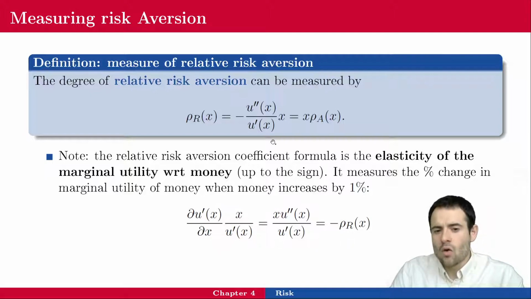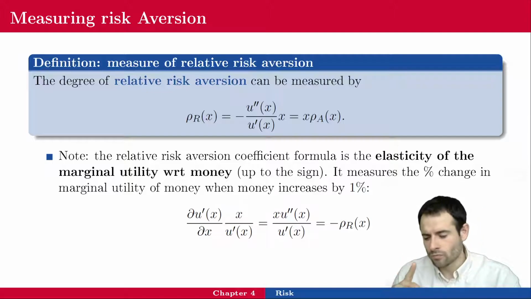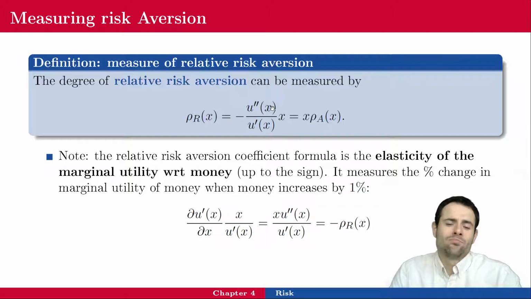Now, you might be wondering, why the minus? Well, because in general, people are risk averse. It's a general property. Not in every case, but in general, people are risk averse. And so, it means that u prime prime is going to be negative because the utility function in this case is concave. So, since this term is negative, but this term is positive, we put a minus in front so that the overall quantity is going to be positive.